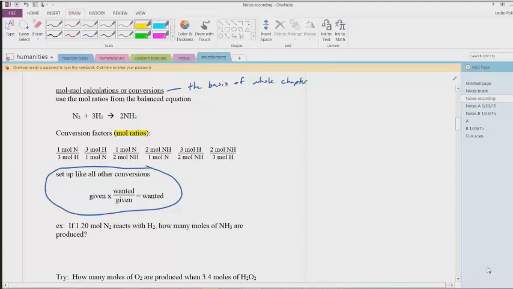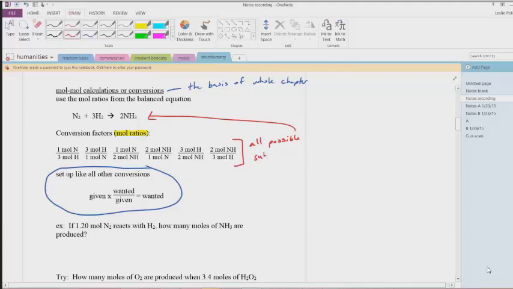So we can write all sorts of mole ratios. So I've written all the possible mole ratios from that balanced equation.